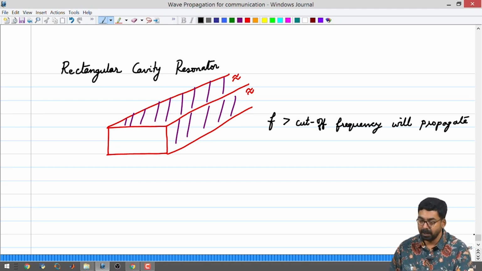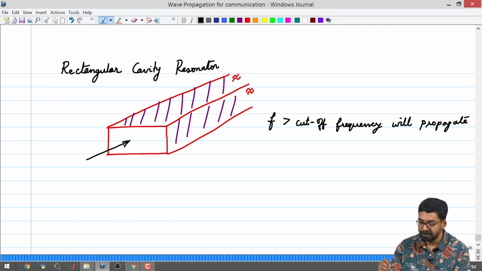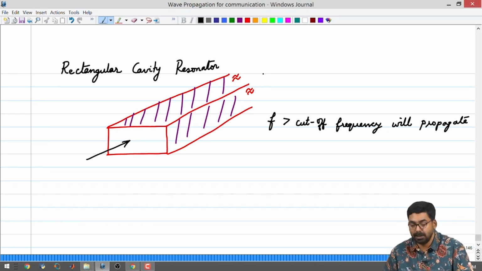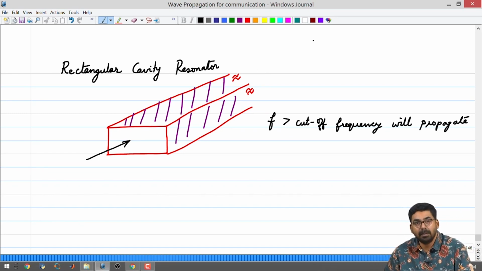Now, in this lecture what we are going to do is we are going to make some small modifications to this structure. Previously we had seen that the electromagnetic wave would be launched in this port like this, and it would travel through the waveguide forming some standing wave patterns in the cross section, and it would arrive on the other side of the waveguide, but we saw that the waveguide is infinitely long or is impedance matched, so you do not get any reflection back.